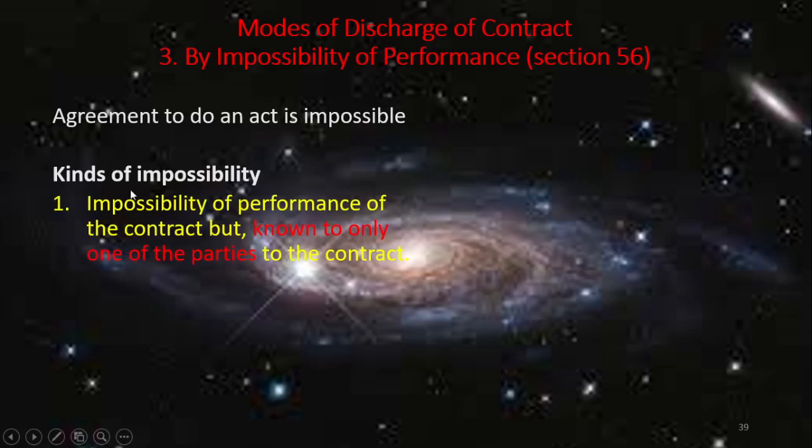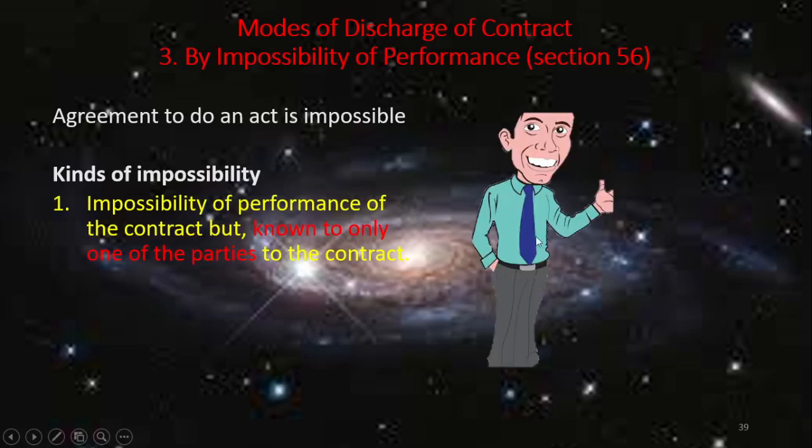And the next one, impossibility of performance known to only one of the parties to contract. It's more dangerous because one party is aware of the fact that they cannot proceed with the contract and the other party is innocent.